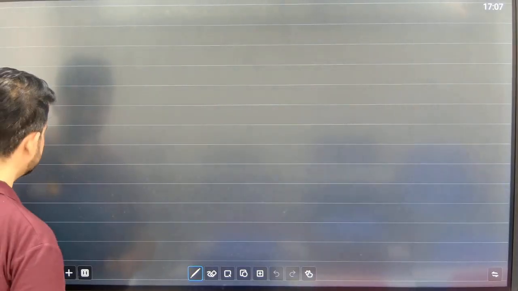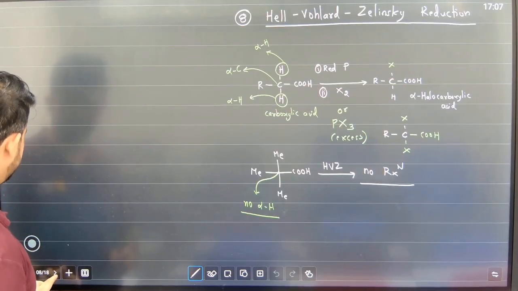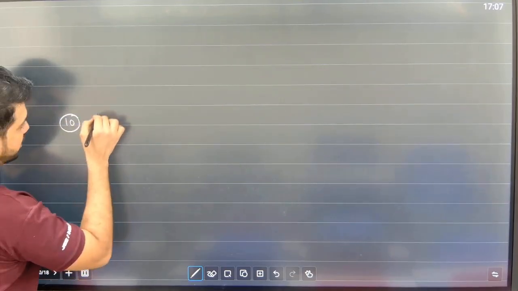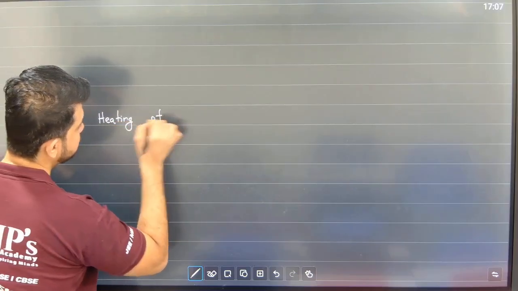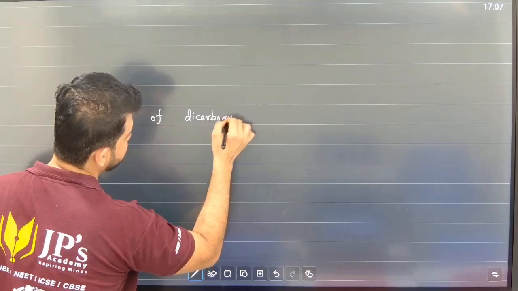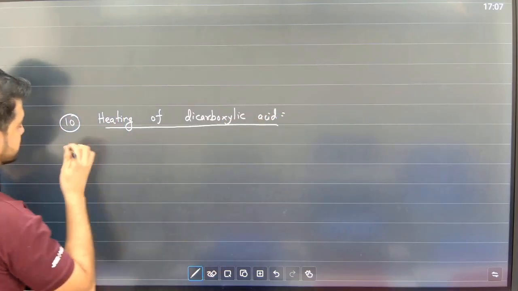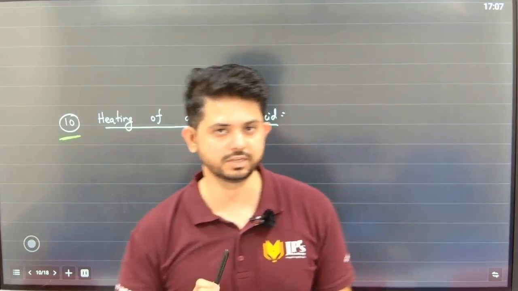The next reaction students that we have, I think that is reaction number 9, which is heating of dicarboxylic acids. Now students, this is a very important reaction because this involves the fundamentals of decarboxylation.